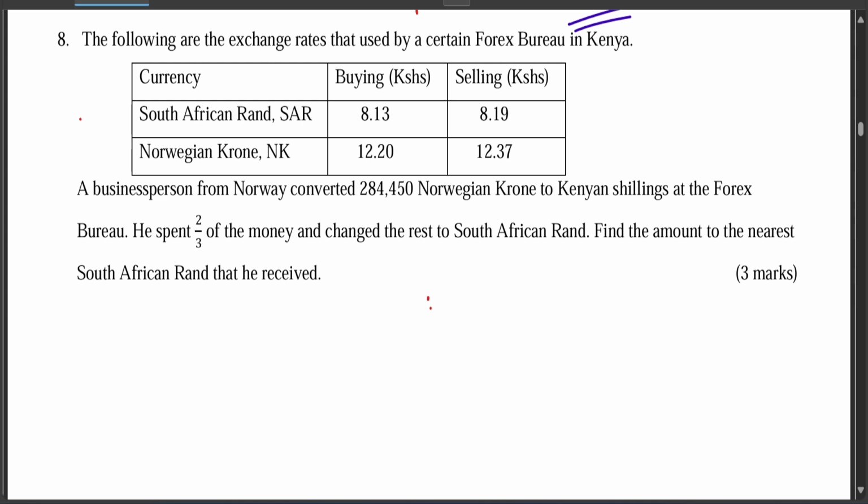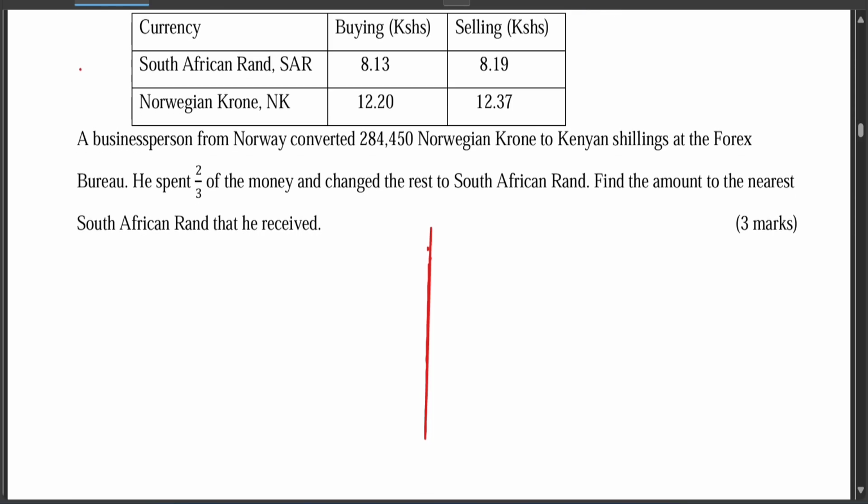So okay, let's go down. Let me just draw this line. It doesn't look nice. So one is SAR, South African rand.